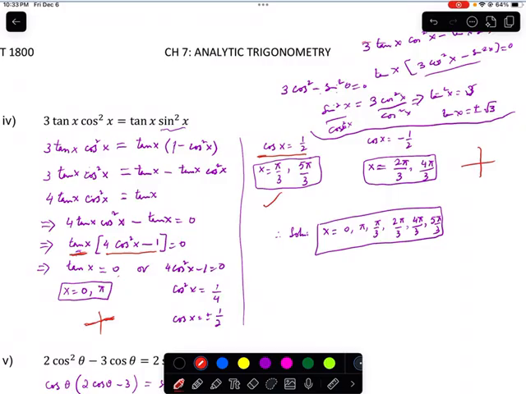So one angle is over here and the other is over here. Now for the other equation, cosine of x is equal to negative 1/2, the one angle will be here and the other will be here. So we get 2 pi over 3 and 4 pi over 3. So now I would put all the solutions together here.